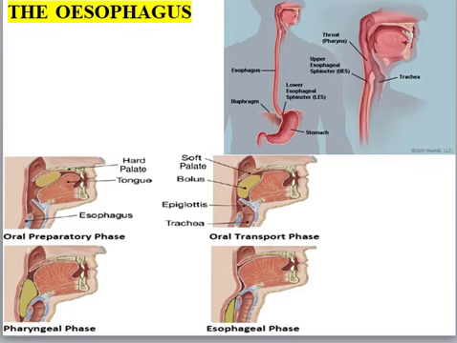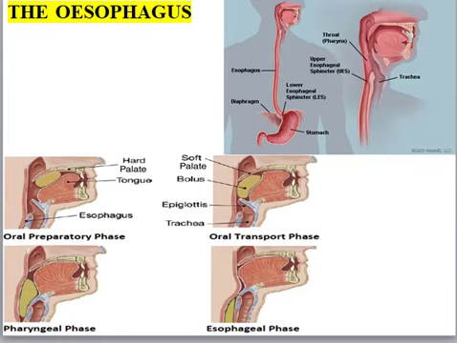When the food reaches the pharynx, many steps occur here. The first, and the important one, is the inhibition of respiration, because the pharynx is the passageway from the pharynx to the trachea and also to the esophagus.